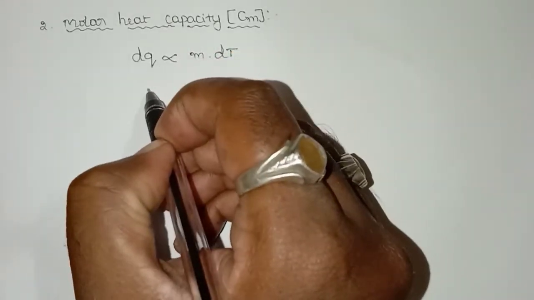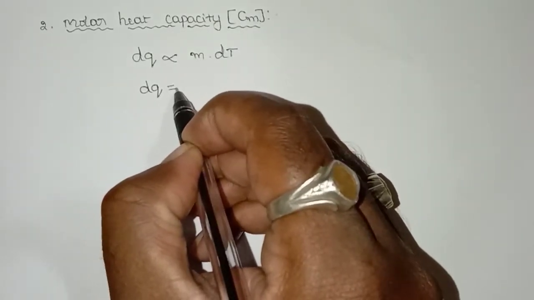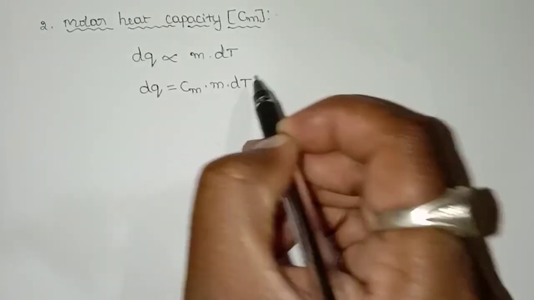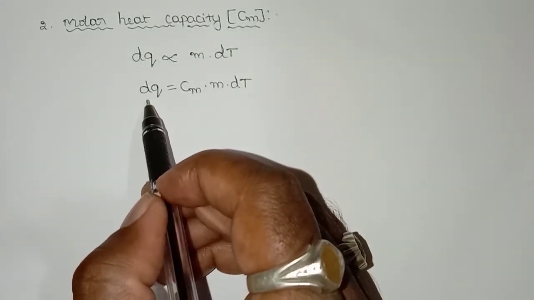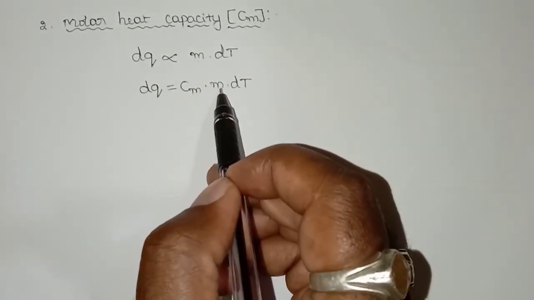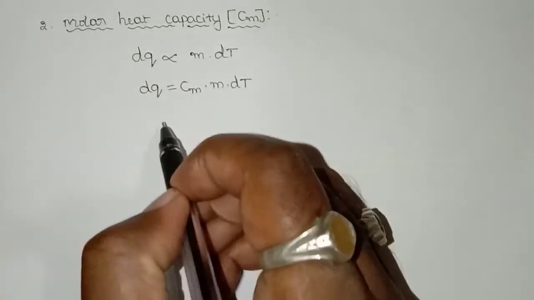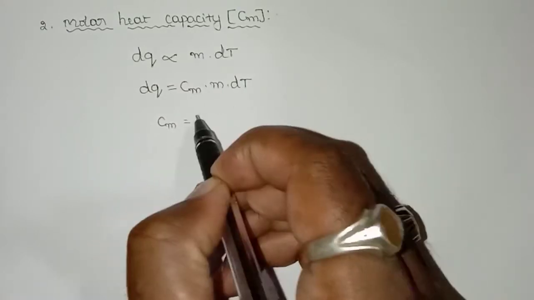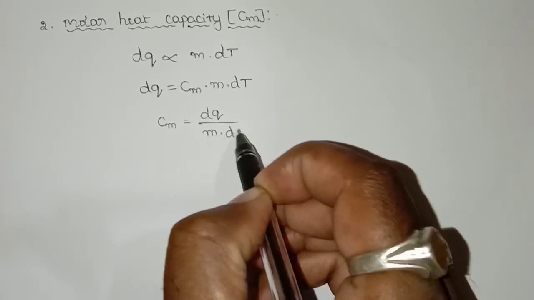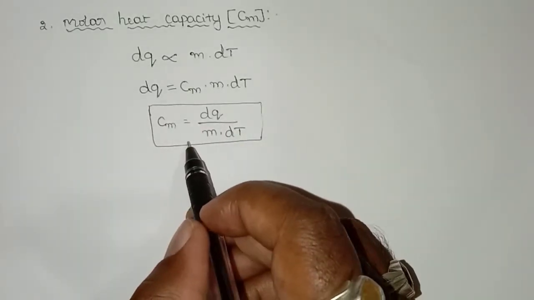So once again, we will remove the proportionality symbol by adding a constant. So dq is equal to Cm into m into dT, wherein dq is the small quantity of heat provided to the system, Cm is the molar heat capacity, m is the number of moles of the substance, and dT is the change in temperature, or Cm is equal to dq by m into dT. This is the simplified mathematical expression we can give for molar heat capacity.